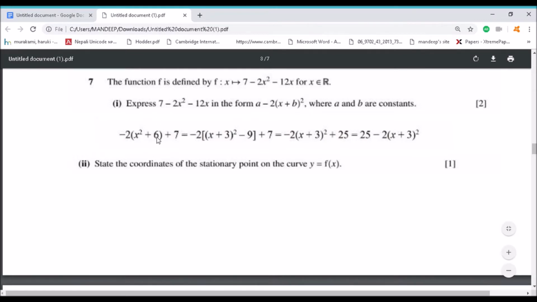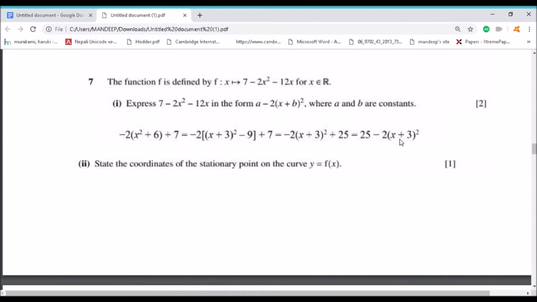So x squared plus 6x becomes minus 2 (x plus 3) squared minus 3 squared, which is minus 9, plus 7. Then you multiply this by minus 2, which gives minus 2(x plus 3) squared plus 18 plus 7, which is 25 minus 2(x plus 3) squared.